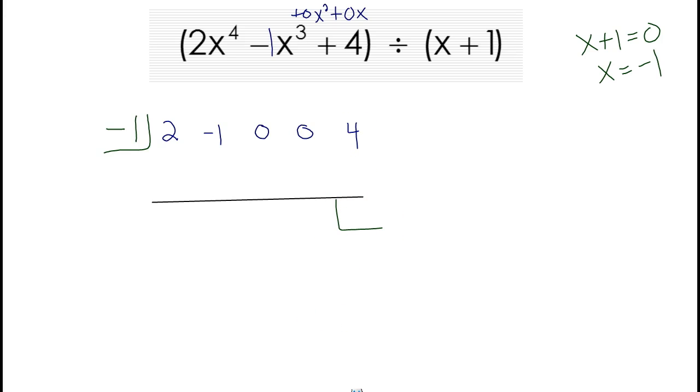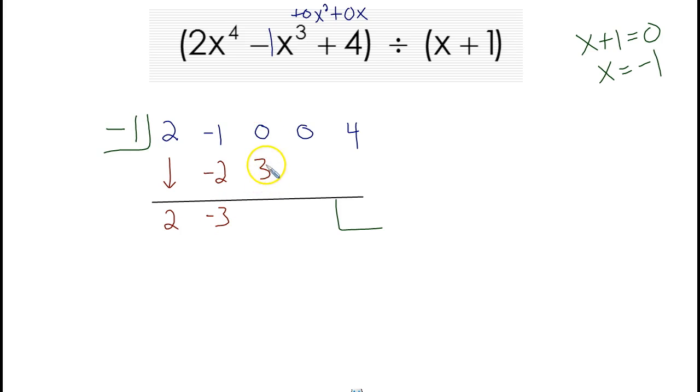And then we have to get used to this new process, this new way to do it. Bring down the 2, multiply -1 times 2, and that number comes up here to be -2. We add down, -1 plus -2 is -3. We multiply, -1 times -3 is +3.